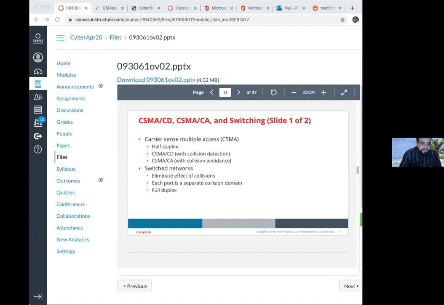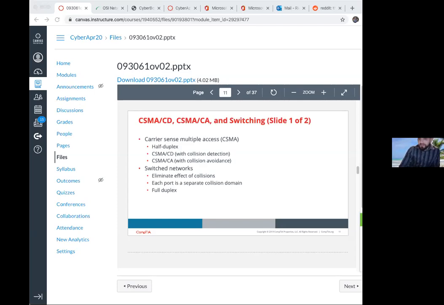We can have things called half duplex. Half duplex is where a node is able to transmit or receive, but it can't do both at the same time. And then with full duplex, they would be able to.